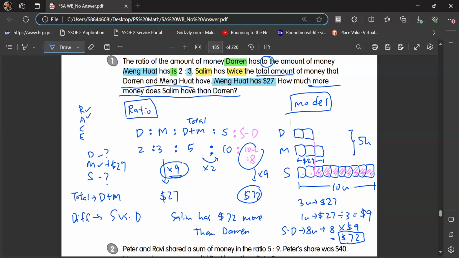That's 5 units. Then Salim appeared. Salim is the one that has twice the total of the two of them. So 5 times 2, 10 units. Then in the end, the question asked for is the question. The unit is dollar sign, don't forget the dollars.